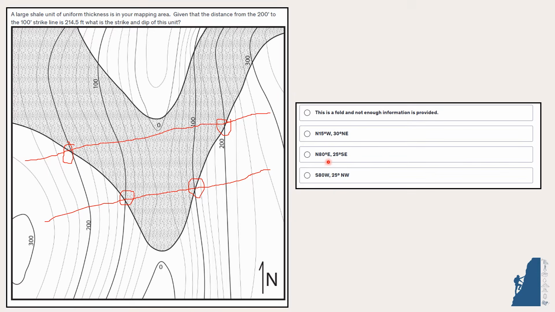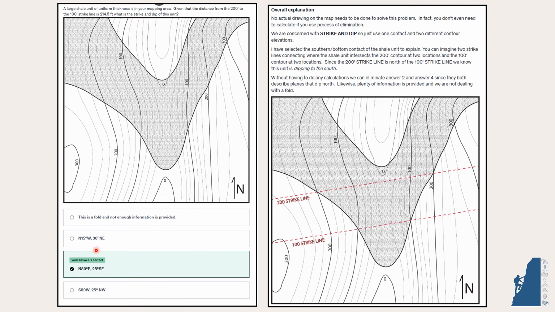Option C is the only one that's dipping to the south. And our first option here is a fold and not enough information is provided. It's just not right because this is a planar feature and it's just intersecting variable topography. So answer C is the correct decision.